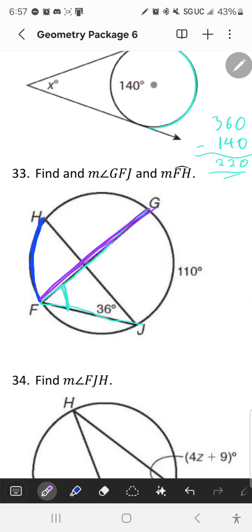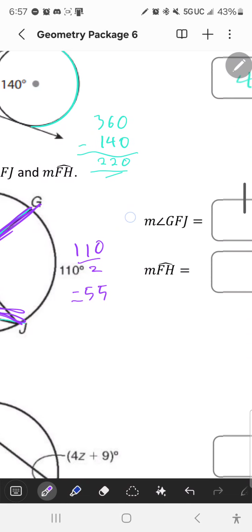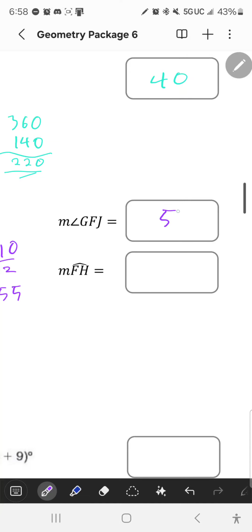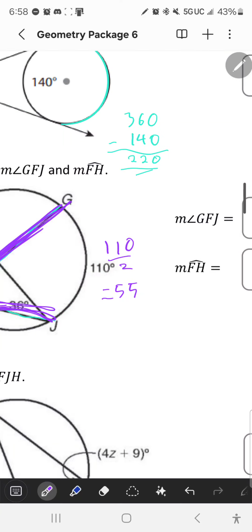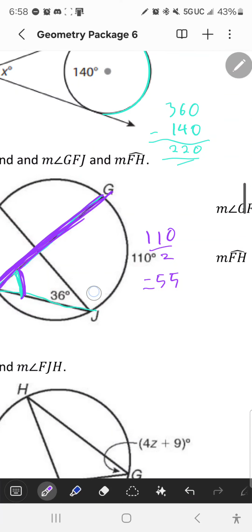We have this, and as you can see, it intersects this arc, and we know the measure of the arc. As I explained at the beginning, this angle right here is half of the arc. So it will be 110 divided by 2, which is 55. So GFJ is going to be equal to 55 degrees. That's simple.